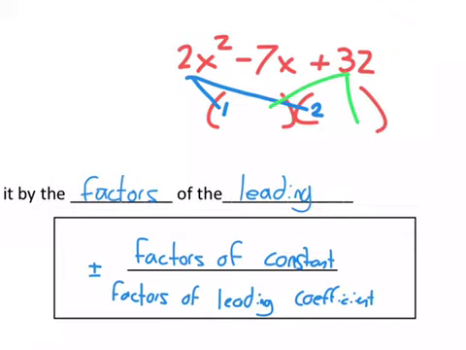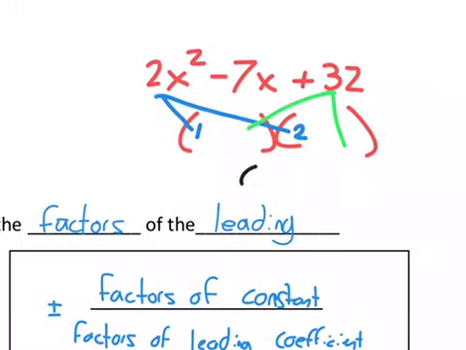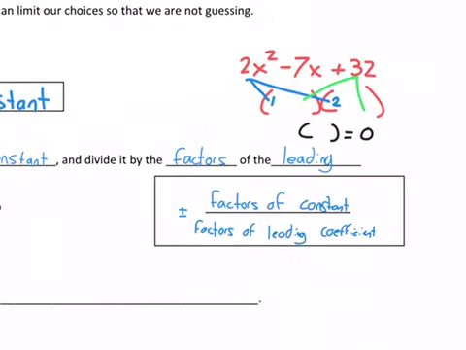The reason we don't care about any of the terms in the middle is because it's just the factors of the first number and factors of the second number that dictate what could possibly show up in our parentheses. Then once we got it factored, it would just be whatever's inside those parentheses equal to 0. So it's only the factors of the first and last number that really matter. All the stuff in the middle just comes out when you FOIL it. So that's why it works.